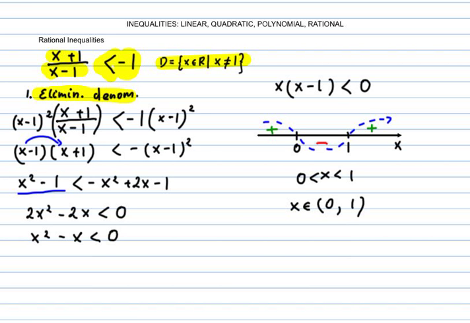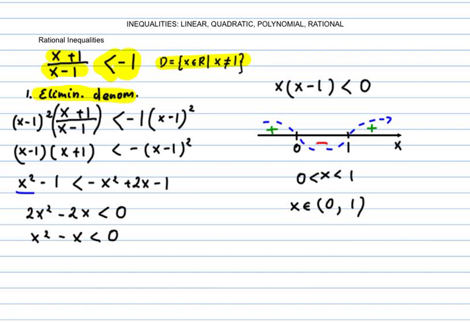Then binomial expansion. So x minus 1 squared simply means multiply it by itself twice. You do it, you distribute the negative sign to each term, so this is why you see negative x squared plus 2x minus 1. The same strategy is now used as for other types of polynomial inequality, which means collect like terms, x squared and negative x squared on opposite sides.